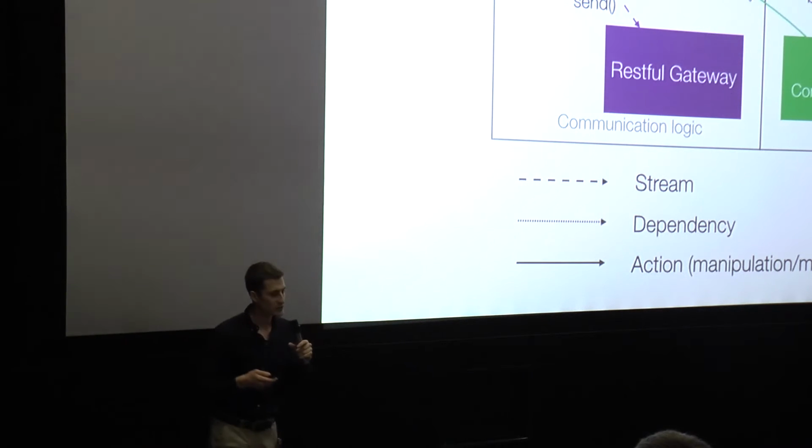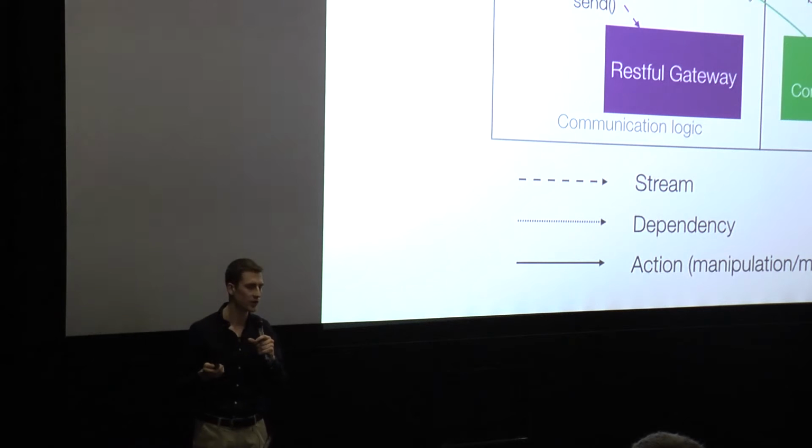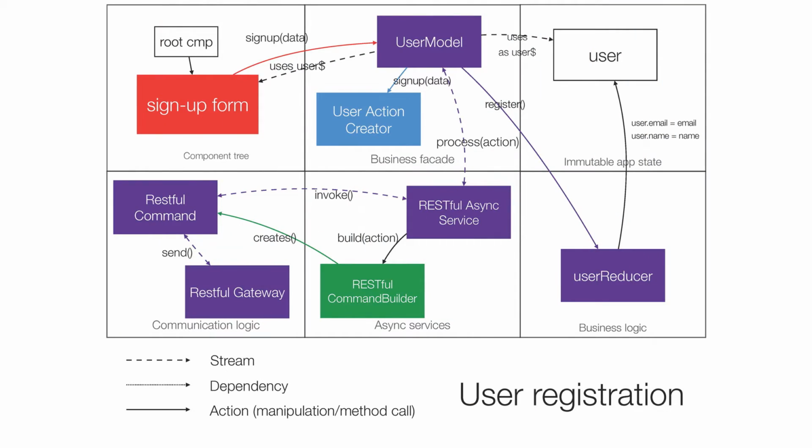And the user model, based on the result, is going to decide whether the user has been successfully signed up or not. If the user has been successfully signed up, it is going to dispatch a new action to the store, which is going to be handled by a reducer. The reducer is going to return a new user object, and the observable user$ is going to be propagated all the way to the sign-up form.